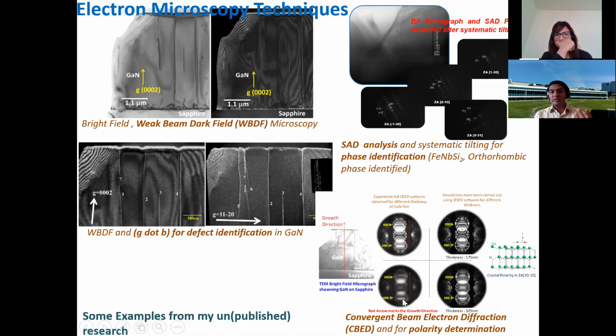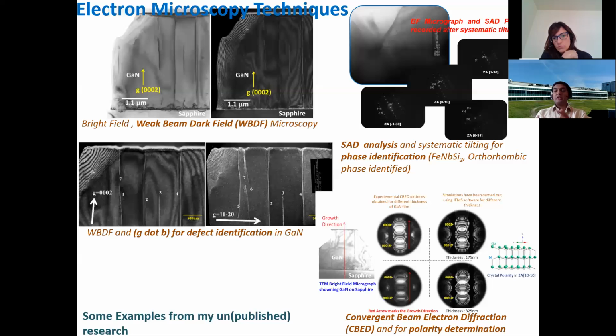And if we see the bottom one, the intensities have flipped. If we look at the reflections, the intensities have got interchanged, highlighting that they are in the reverse polarity.